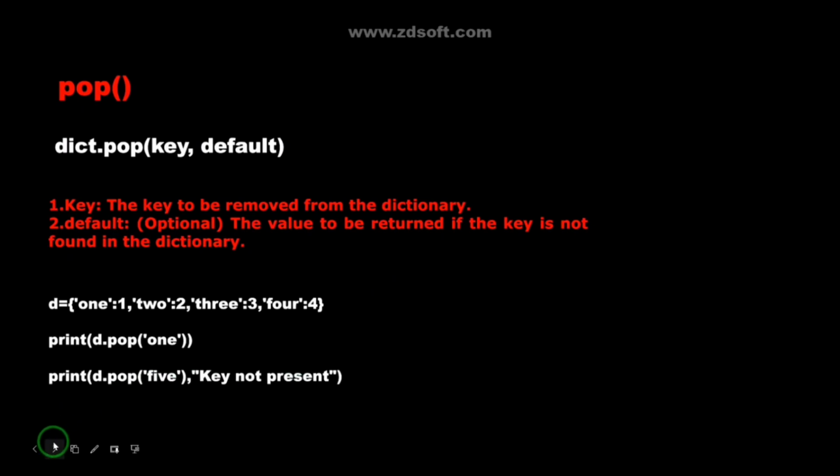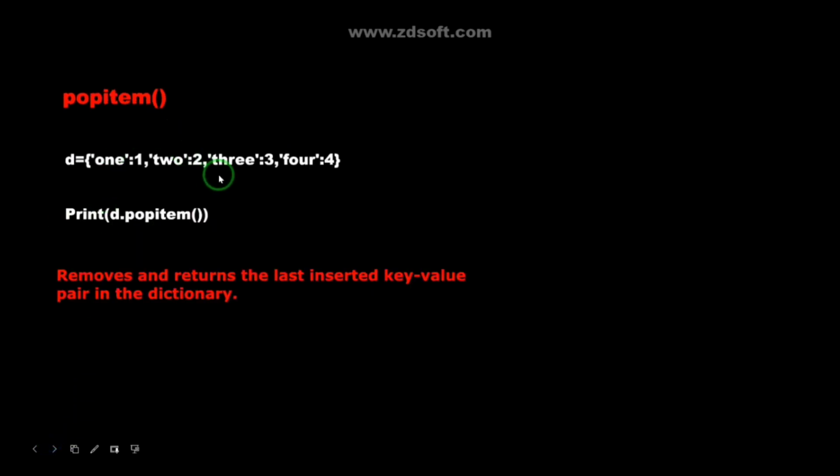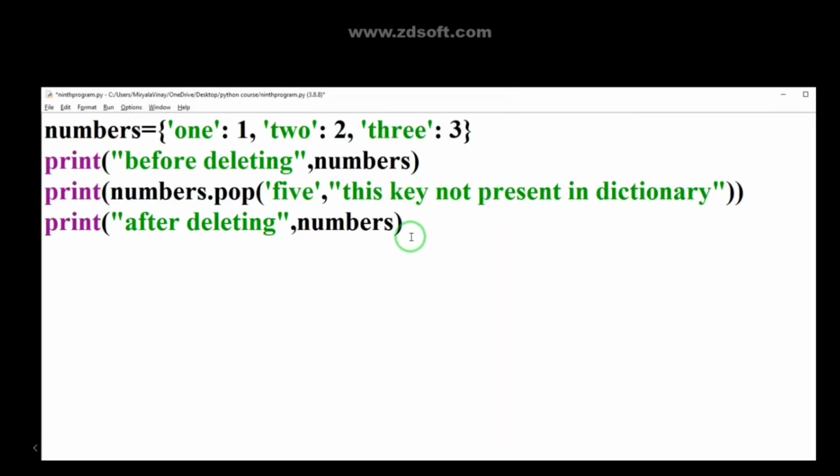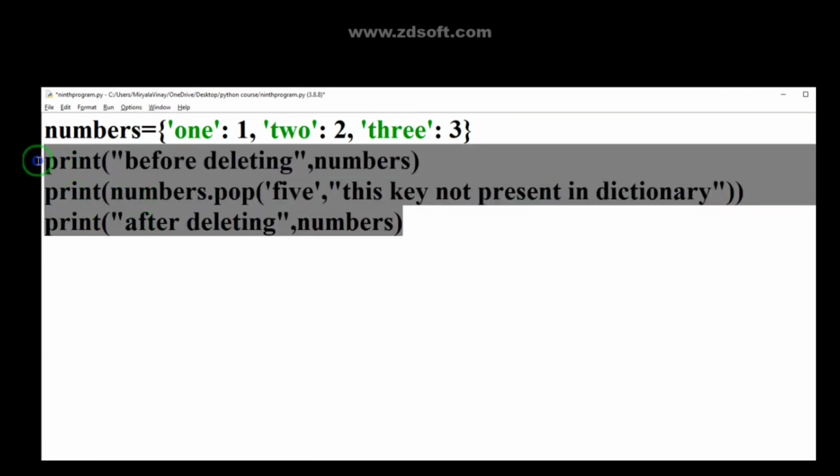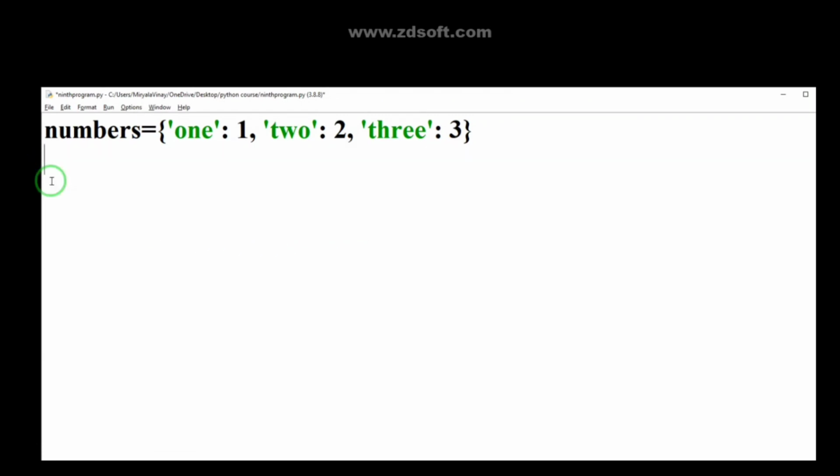Another method is popitem. This is very simple, guys. Popitem will delete the last key value pair present in the dictionary. When I call numbers.popitem and I am not specifying any value, when I run the print statement, I want to display the numbers.